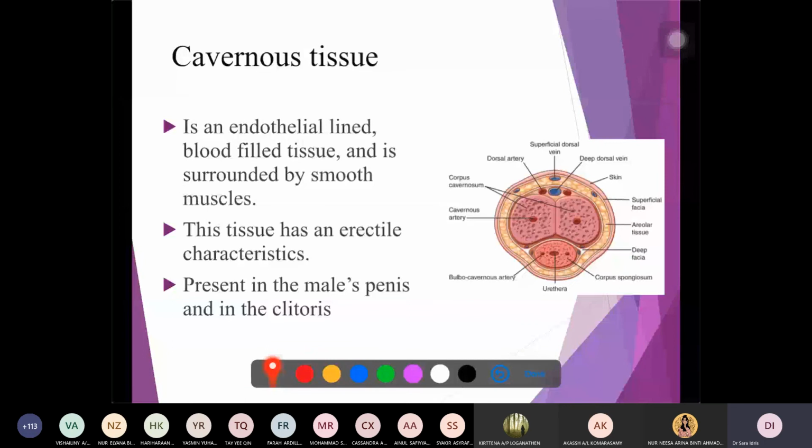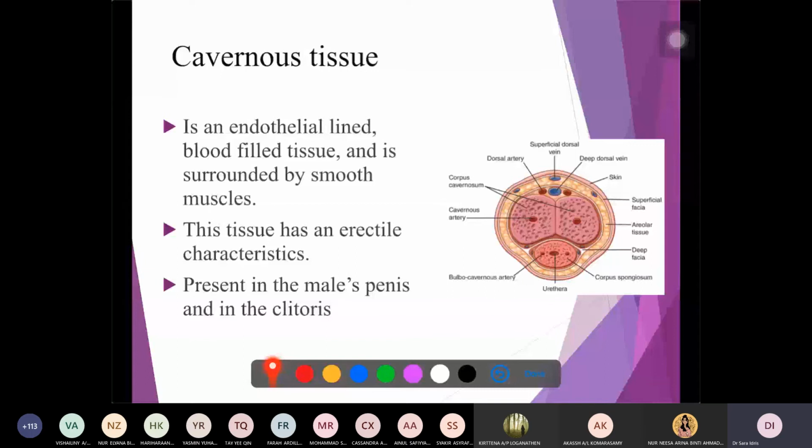All right, and then you have cavernous tissue. Cavernous tissues are endothelial-lined blood vessel tissue, surrounded by smooth muscle. They don't really have a lumen, so they're not like vessels.